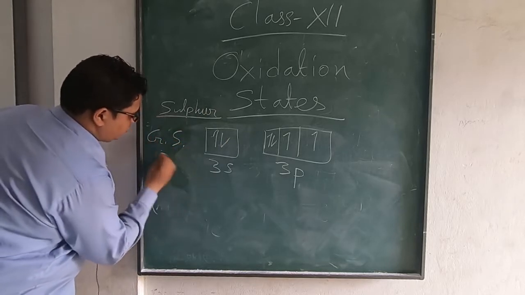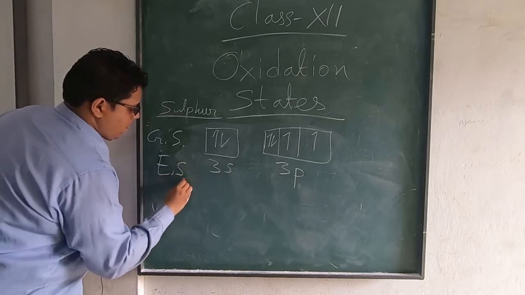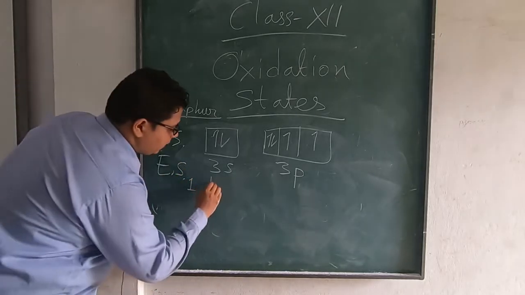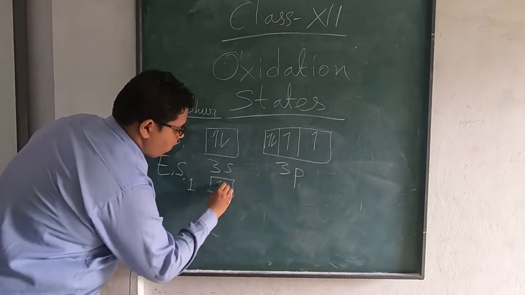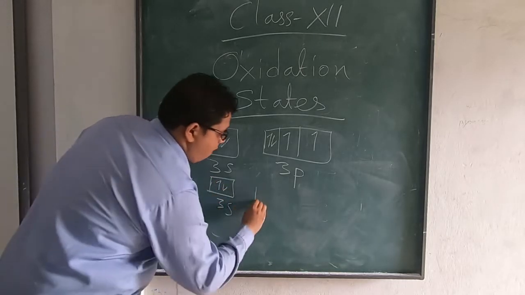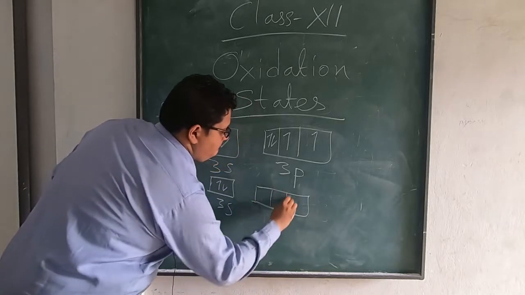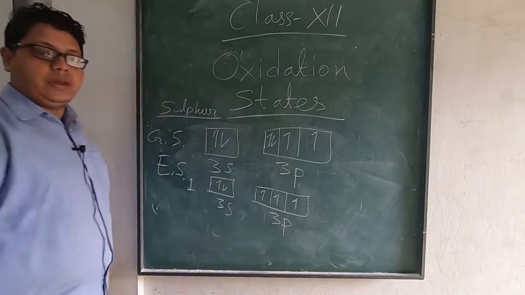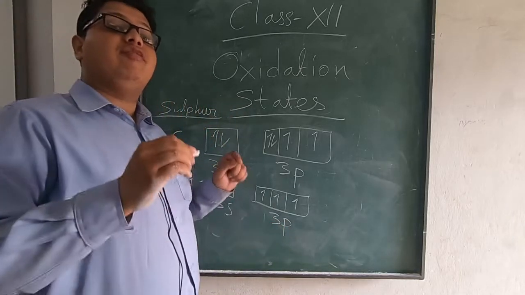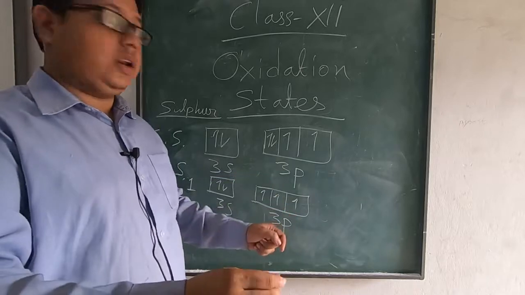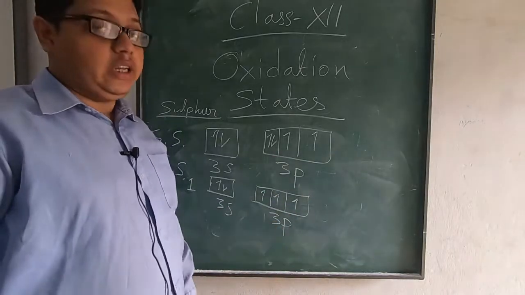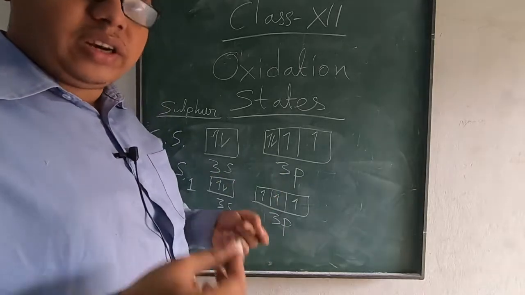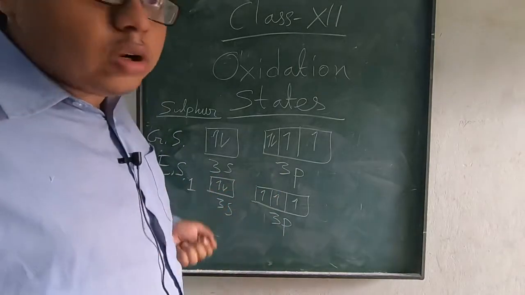In the first excited state, what will happen is an electron from 3p can jump to the vacant 3d orbital. Here we did not show the d orbital, but we know that there is a possibility of having 3d. 3d is there, but 2d is not there.